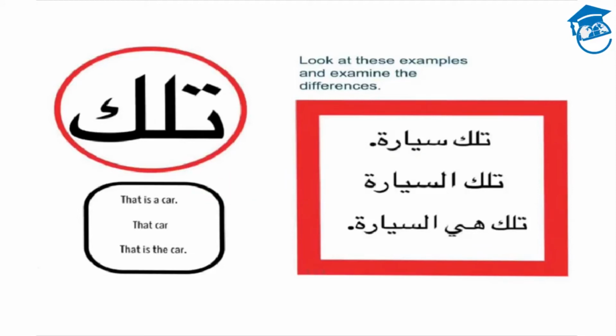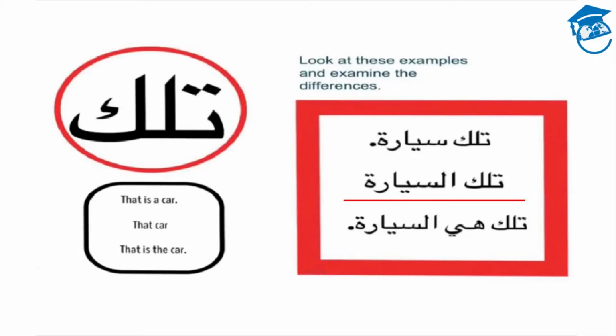In the second example, tilka again is our ism el-ishara. This time we've added an alif lam to sayyara to make it definite. So we have a singular, definite feminine noun ending in ta marbuta. It only takes one vowel marker and is pronounced tilka as-sayyaratu.